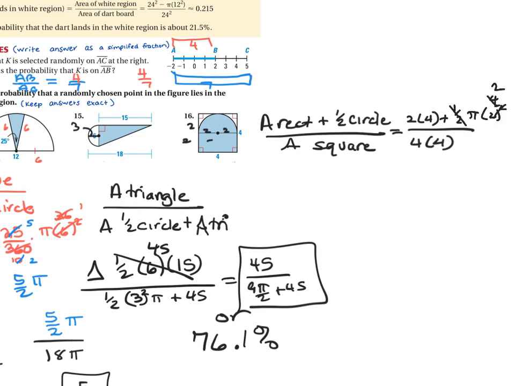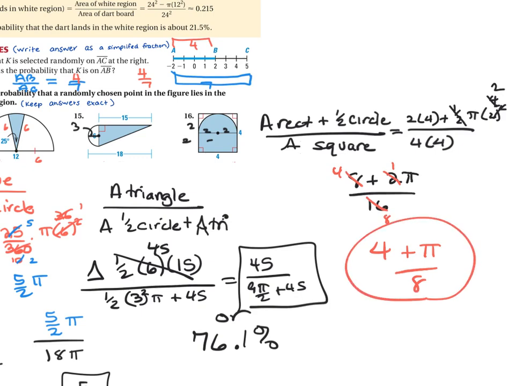So now we have 8 plus 2 pi over 16. And then I can simplify. I could divide everything by 2. Make that a 4, make that a 1, make that an 8. So 4 plus pi over 8. And you're done.